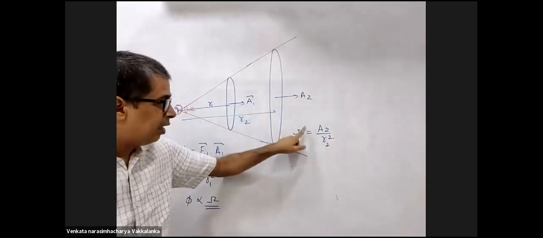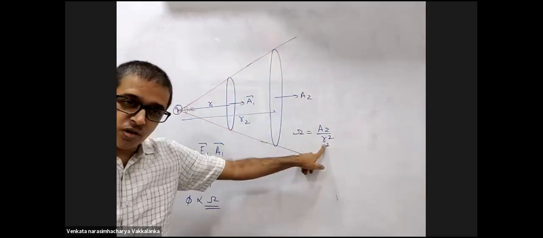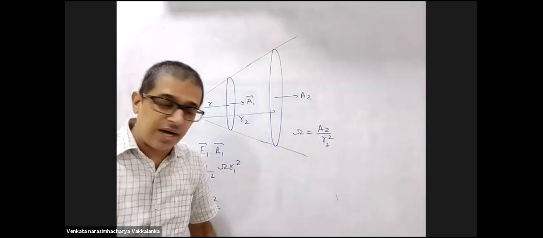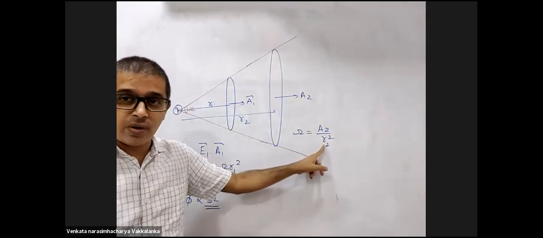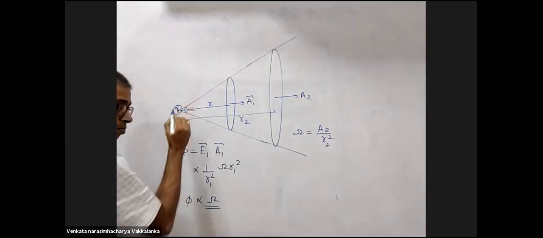As the area increases, it is proportional to R square, so both surfaces will subtend the same solid angle.